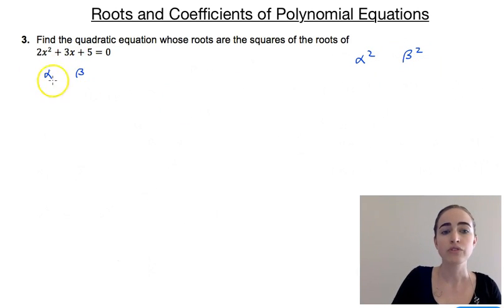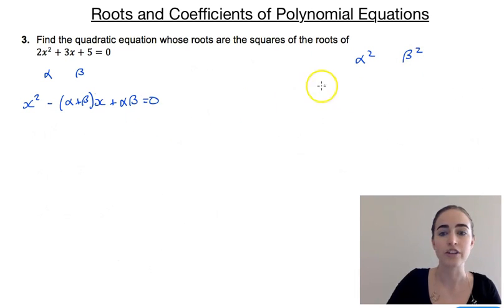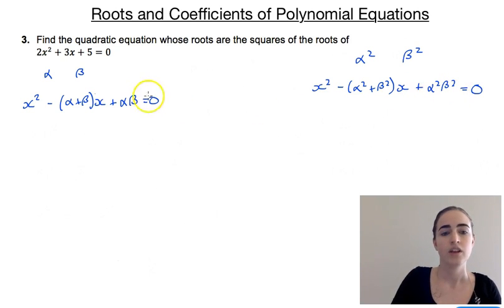So if we've got roots of alpha and beta, we know that our equation can be written as x squared minus (alpha plus beta)x plus alpha beta equals 0. And our new equation would be written as x squared minus (alpha squared plus beta squared)x plus alpha squared beta squared equals 0. So we're going to start looking at this one and leave this one for a minute.